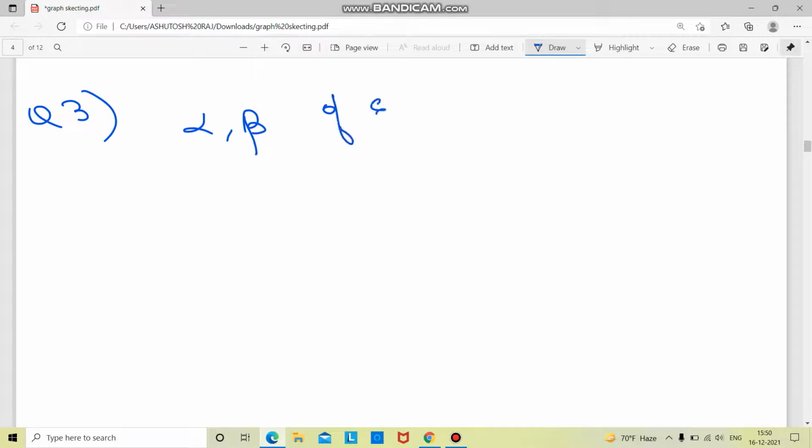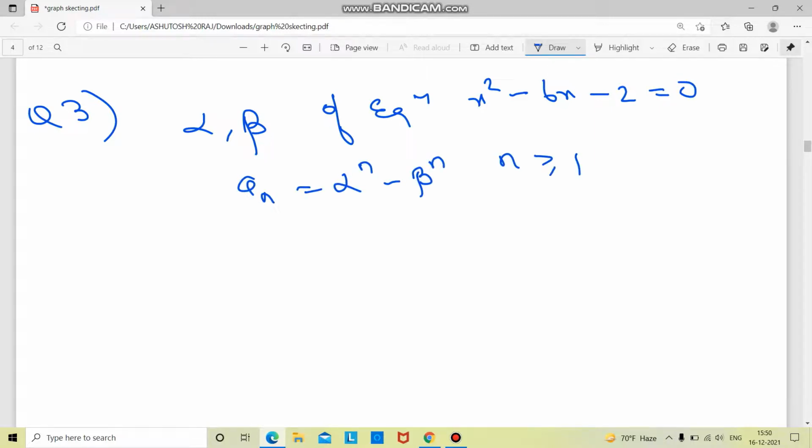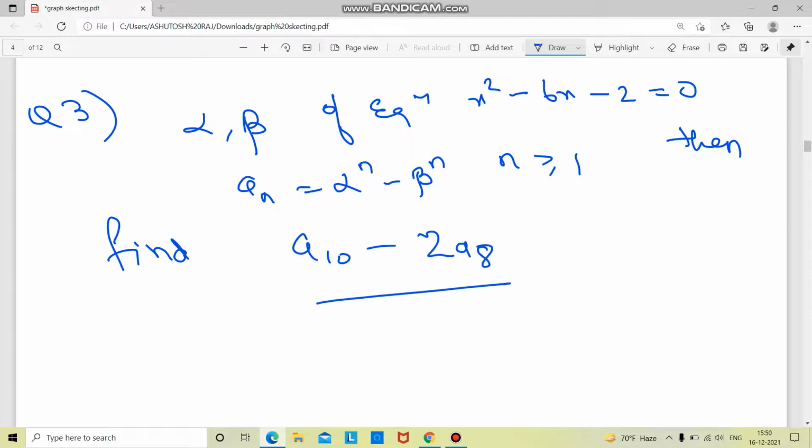Question number 3. Alpha and beta are roots of the equation x square minus 6x minus 2 equal to 0. An is alpha to the power n minus beta to the power n, for n greater than or equal to 1. Then we have to find (a10 minus 2a8) by 2a9.